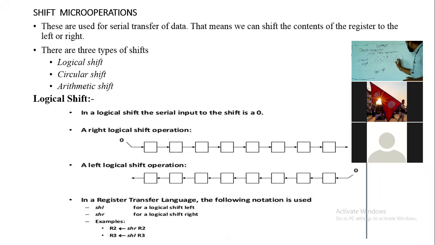If we want to perform a logical left shift, each number is shifted to the left by 1 bit, and at this position we insert 0. This number is shifted to the next position, and the last bit is discarded.